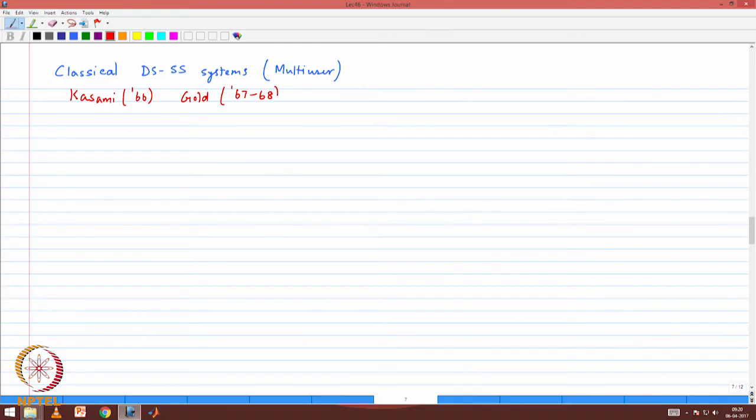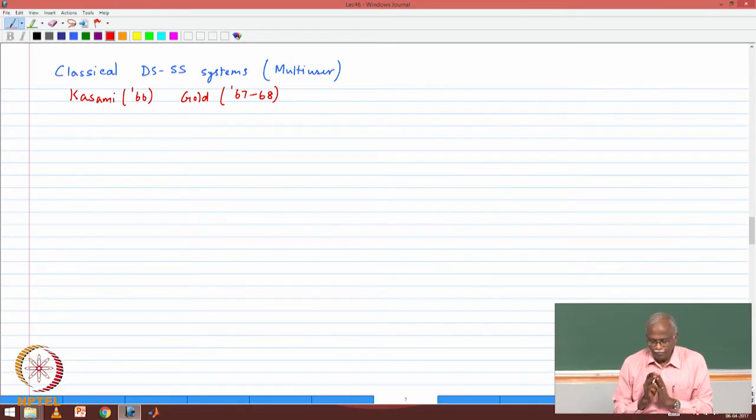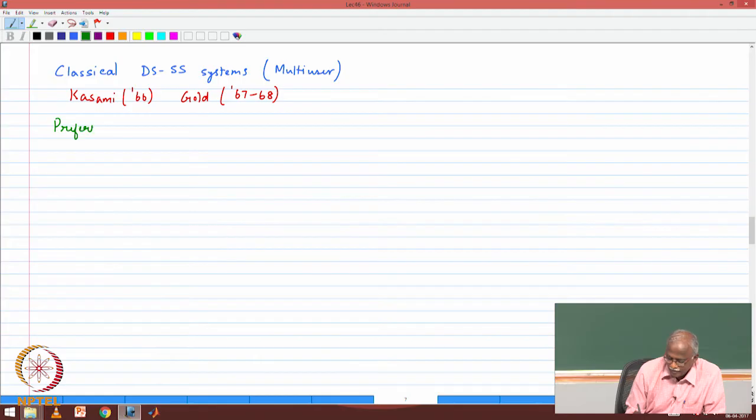Okay, so they came up with a scheme which pretty much said you can use direct sequence spread spectrum for a multi-user environment. And so basically what they were going to do was propose codes. And the scheme was very simple, but having understood the scheme, I want you to be able to say, oh, I know that. This is nothing surprising. I want you to get to that point. So basically they came up with something called preferred sequences. Okay, preferred sequences. Keep in mind it's a multi-user scenario, and they are trying to design a system where you have good correlation properties between the codes.